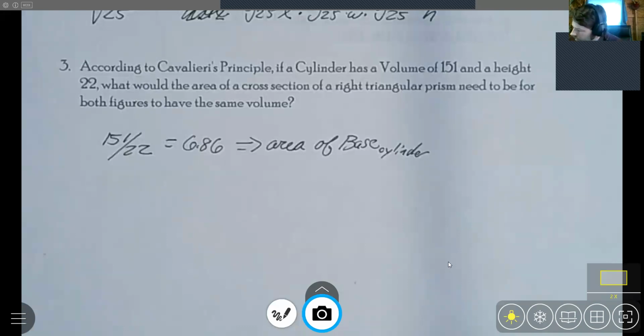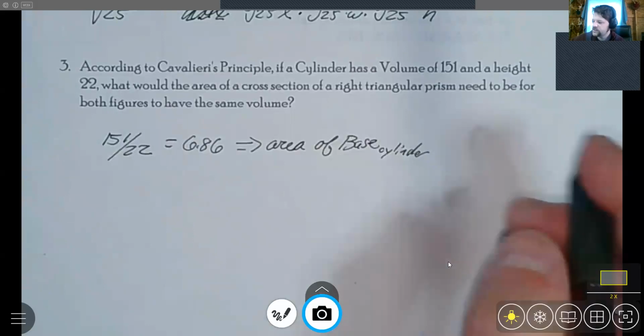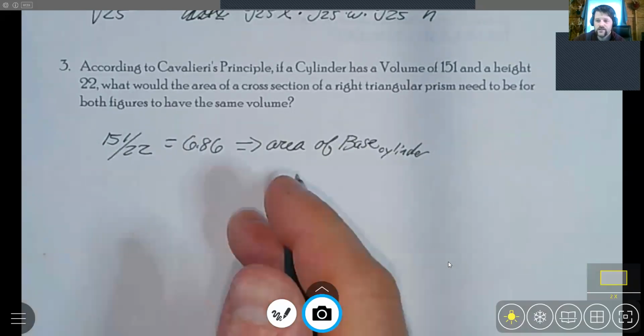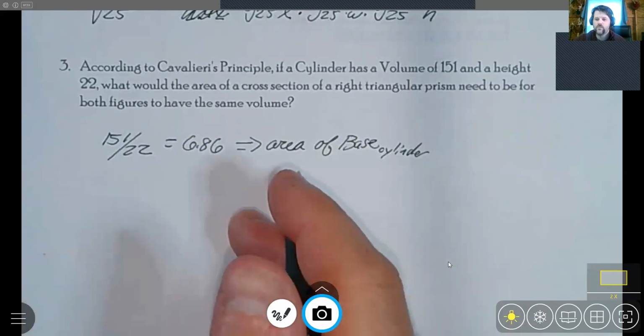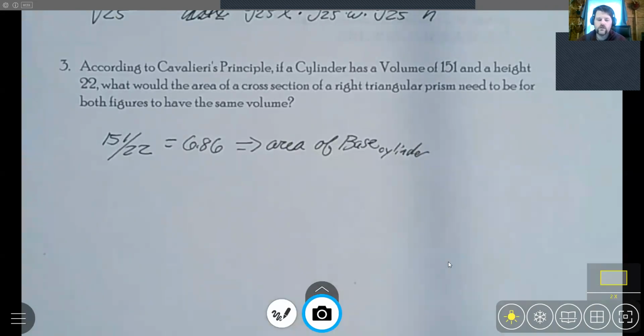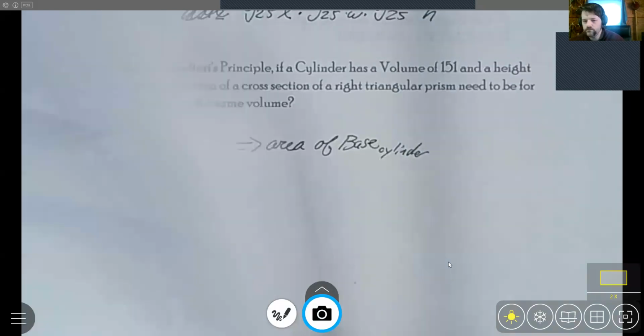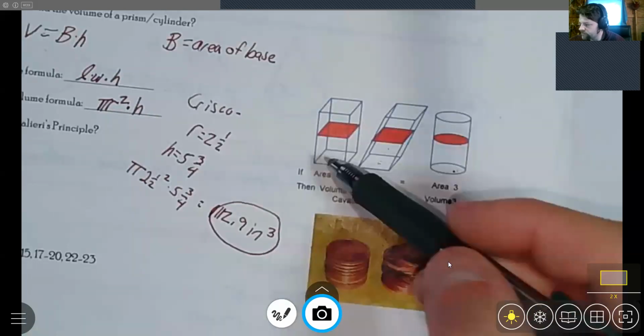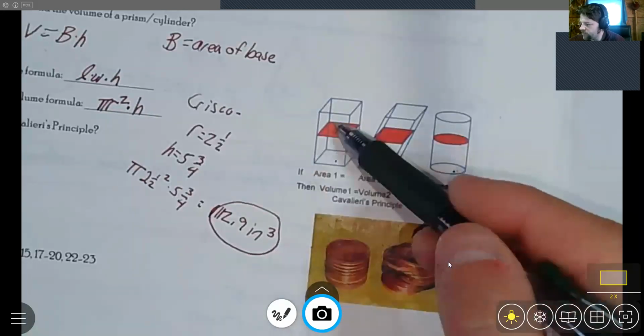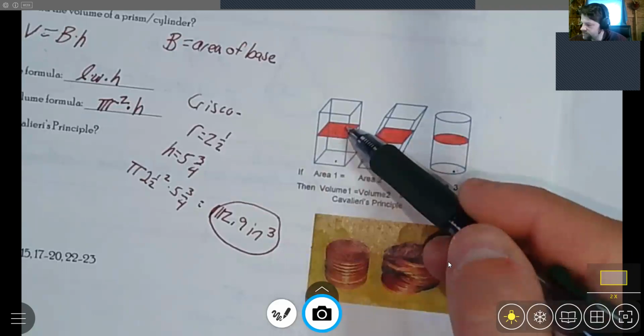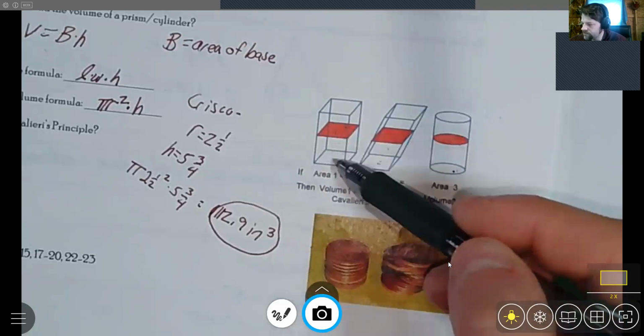Okay, and so now the prism is going to actually have the same area. Thinking back to the notes here, this isn't a triangular prism, but the area of a cross section of this prism is the same as the area of the base.